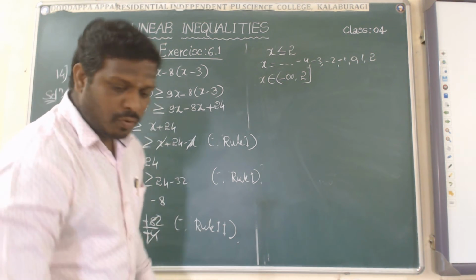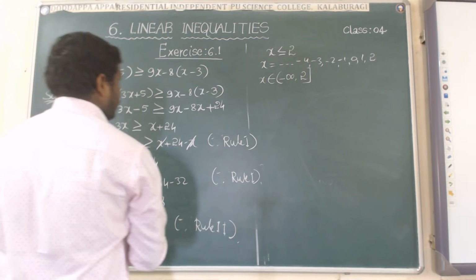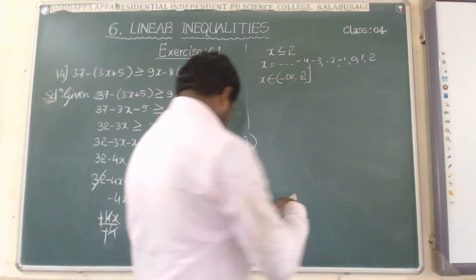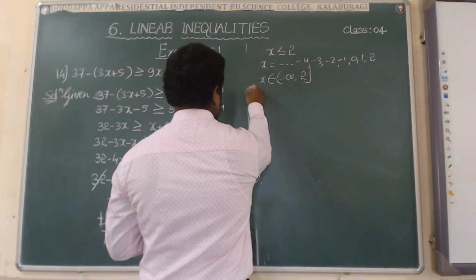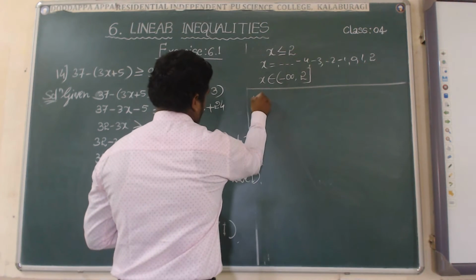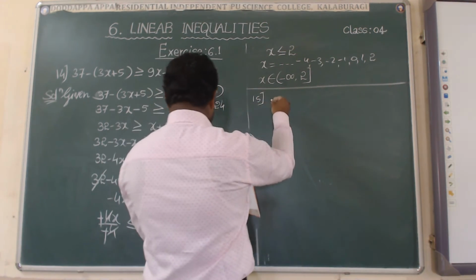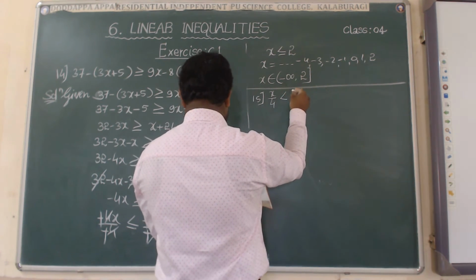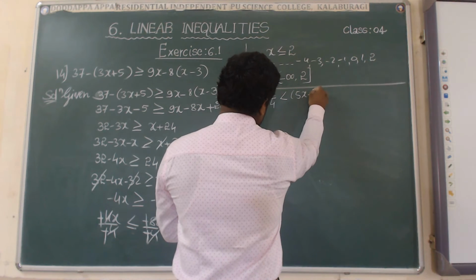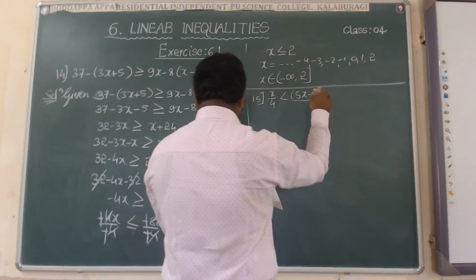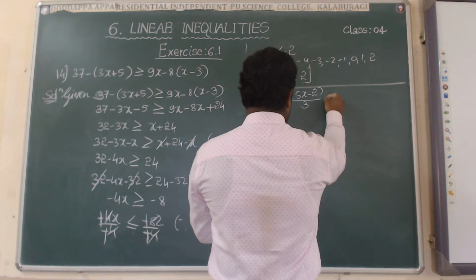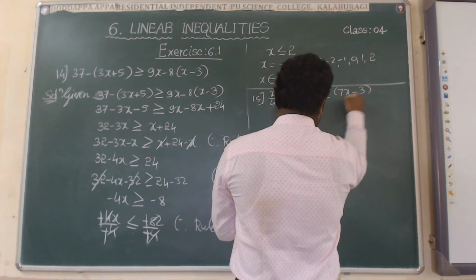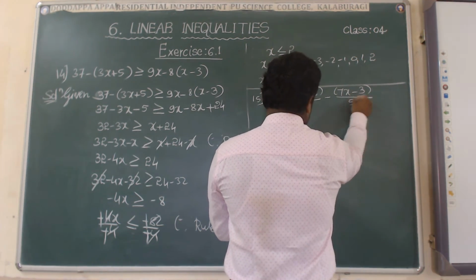Now I am moving to the next question, that is the 15th one. I will do it here only. The 15th question is: x by 4 is less than (5x minus 2) divided by 3 minus (7x minus 3) divided by 5.